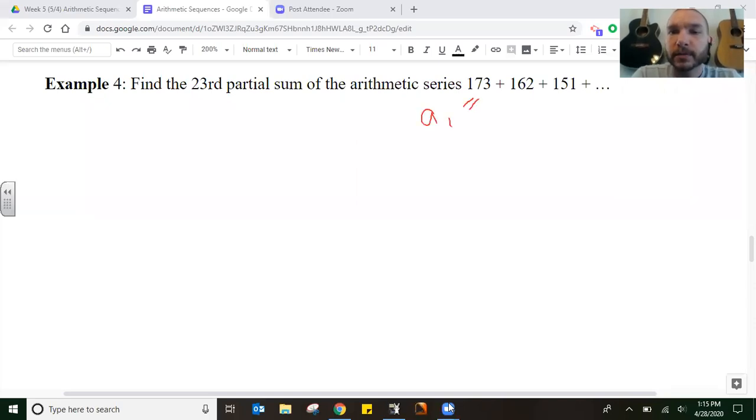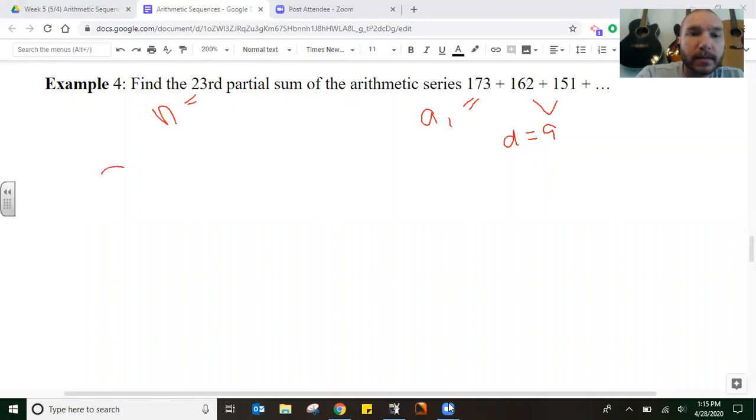I know that the difference here is 9. So that's d. I'm using the second term and third term here simply because the first term is a little bit crowded and I didn't want to moosh all those together. But 173 plus 9 is 162, so it's still the same. And then n is 23, because that's our 23rd partial term.